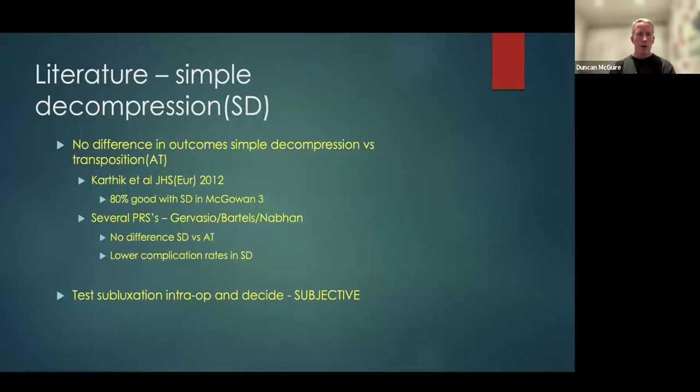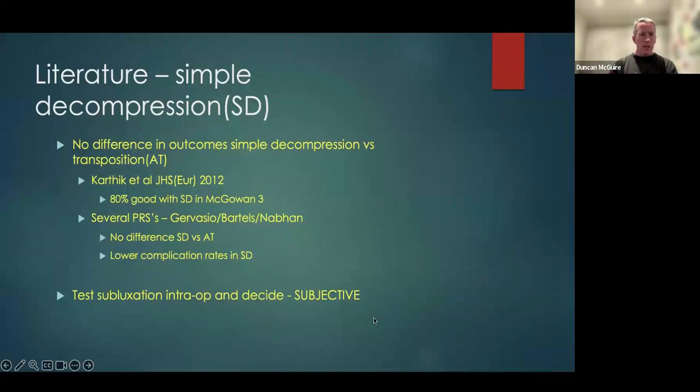There have even been a couple of papers showing good results of simple decompression, even in nerves that are subluxing. But I must say, I don't think you can believe everything you read in the literature. So I really don't think it's a good idea to leave a subluxing nerve without a transposition.